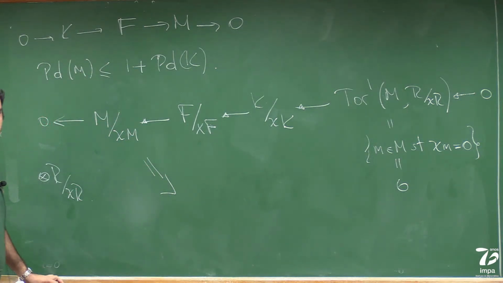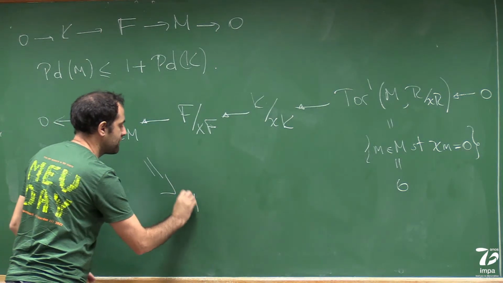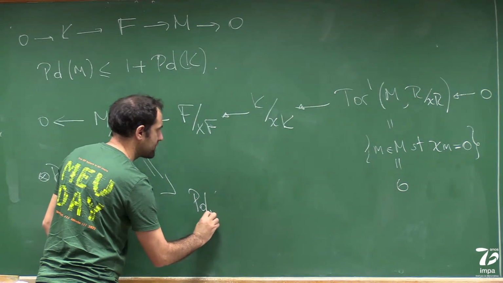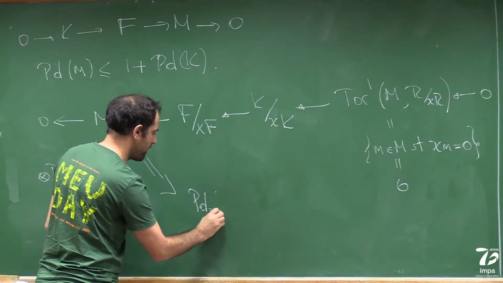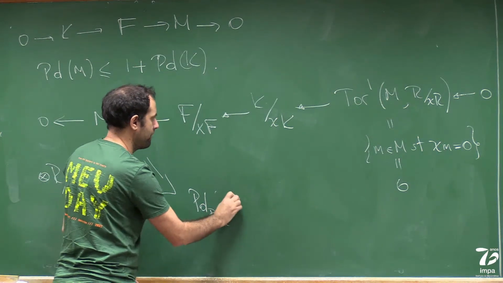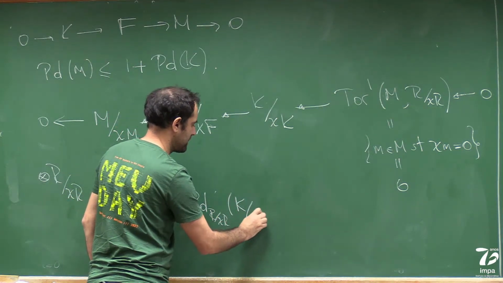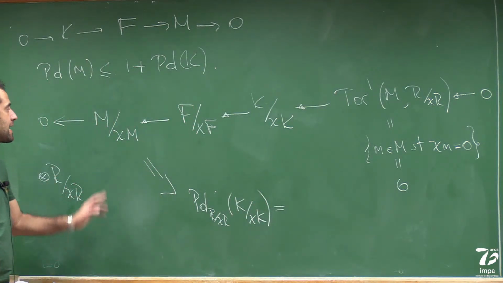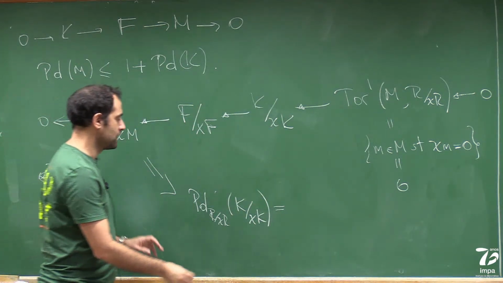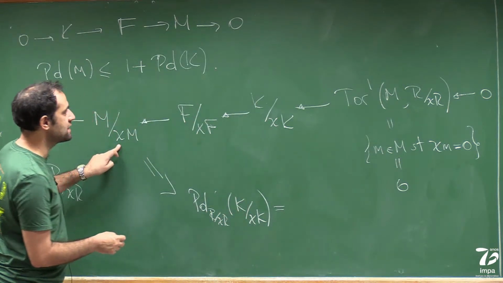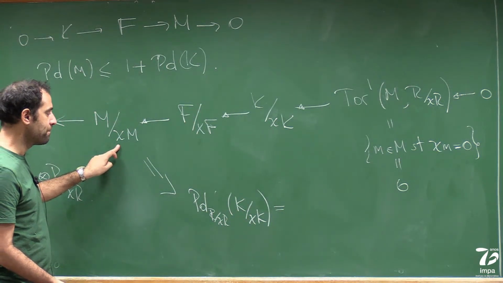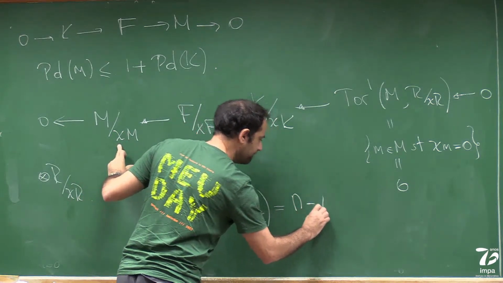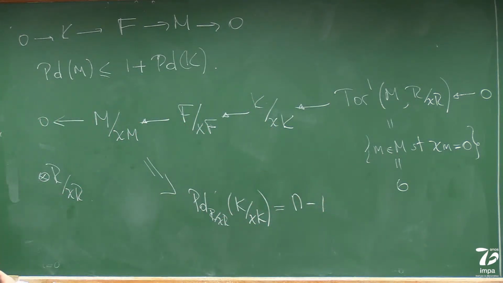And if this sequence is exact, the projective dimension over this guy, R mod xR, of K/xK is 1 less than the projective dimension of this guy unless this guy is projective. So let's suppose that the projective dimension of this guy is n, which is bigger than 0. So then the projective dimension of this guy is n minus 1, which is bigger or equal than 0.